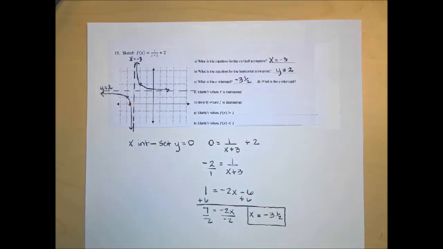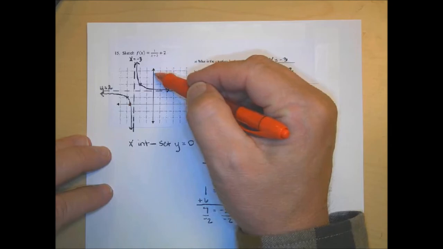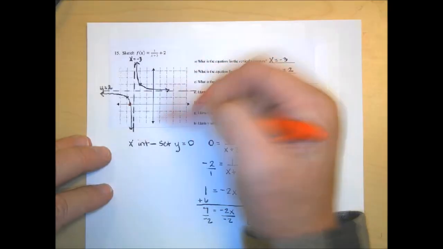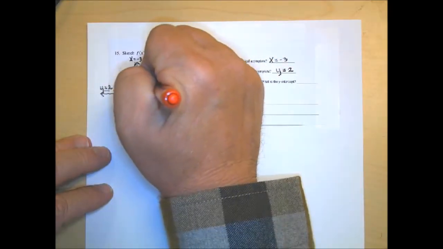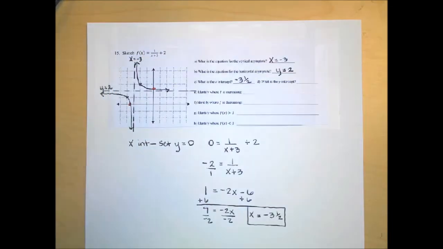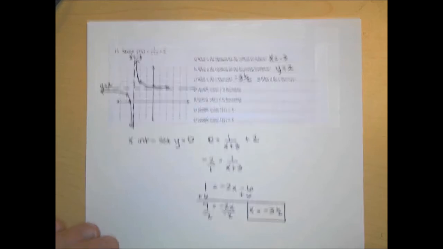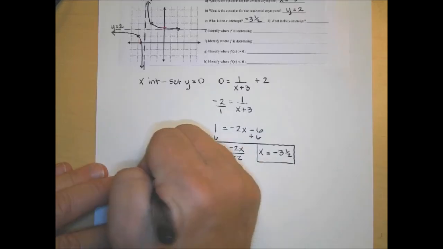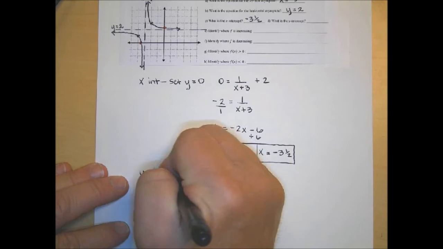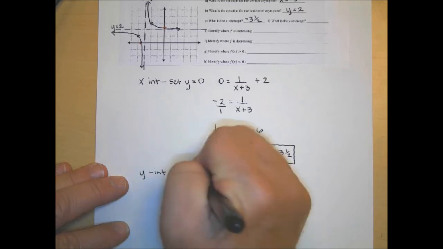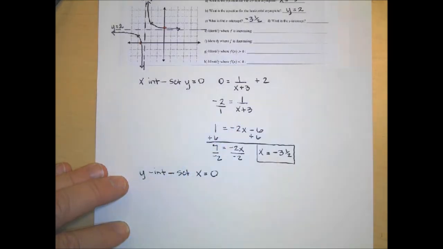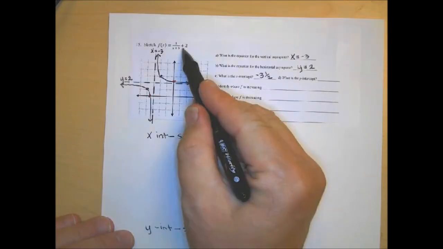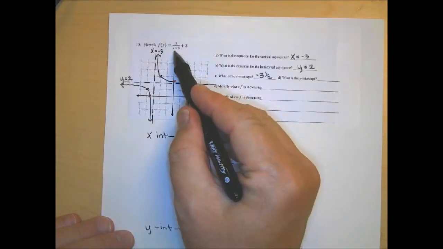Now, the next question is, how about the y-intercept? Does it even have a y-intercept? And sure it does, right here. Okay. Here's the y-axis, and here's where the graph crosses the y-axis. So, we're going to find what the y-intercept is. Set x equal to 0. So, go back to the equation, and wherever there's an x, put a 0 in it.